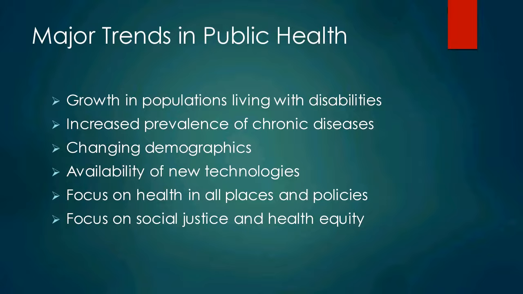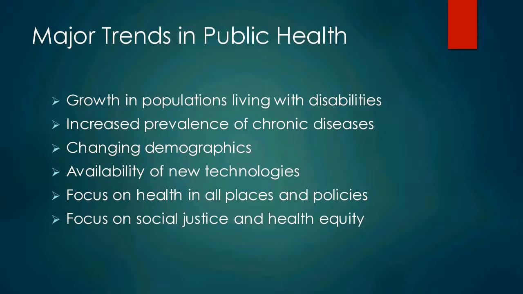We're also seeing a growth in populations who are living with disabilities. We have better healthcare now. We have improved opportunities to treat different types of illness. So we are also seeing an increased prevalence of chronic diseases, in terms of the fact that people are able to live with certain types of diseases much longer now than they were many years ago.